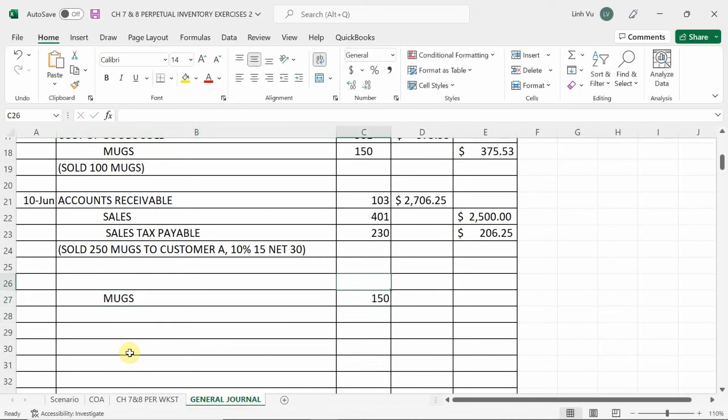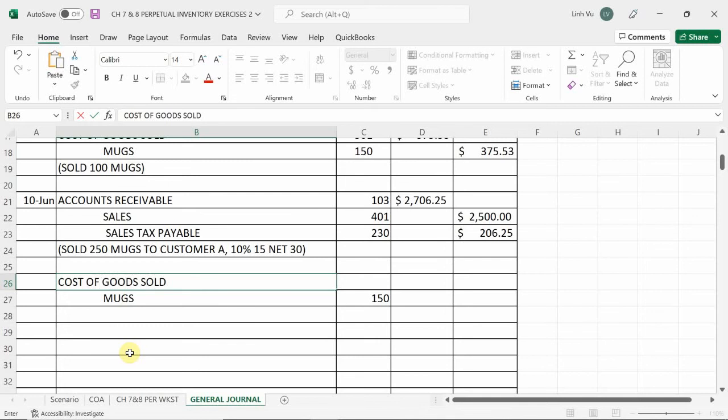And what else? Cost of goods sold? I have to figure out how much it costs me to sell my items. Cost of goods sold. Good.